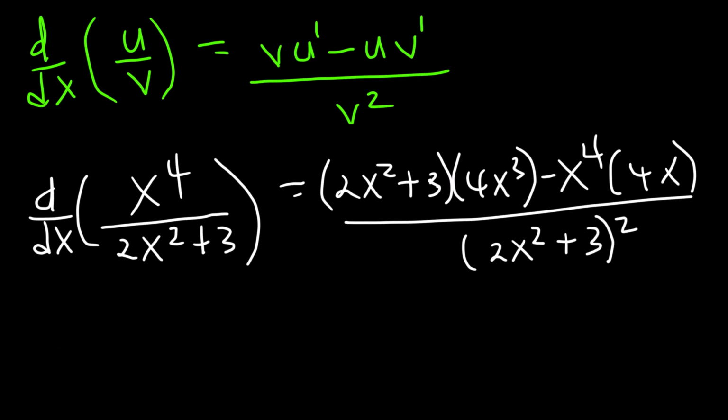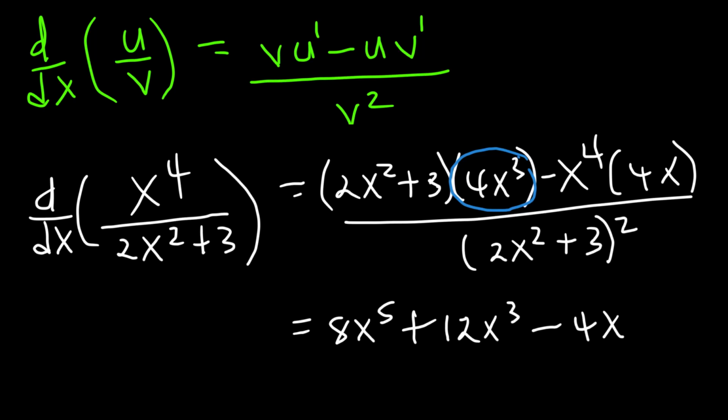If we distribute 4x to the power of 3, we shall have 4x to the power of 3 times 2x to the power of 2, which is 8x to the power of 5, and then plus 3 times 4x to the power of 3, which is 12x to the power of 3, and then minus x to the power of 4 times 4x, which is 4x to the power of 5.